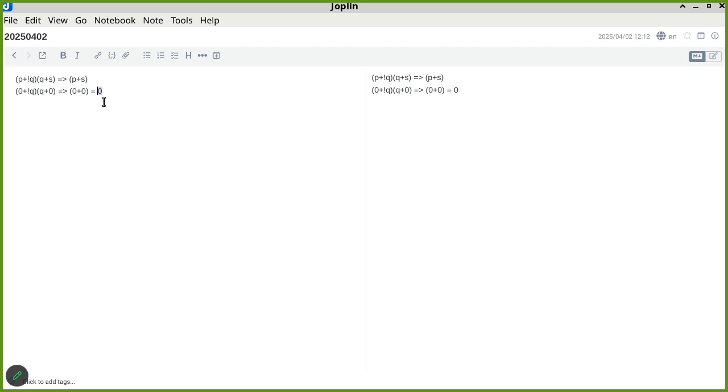No, it's just straight up application of the resolution rule. Okay, so what does resolution look like?